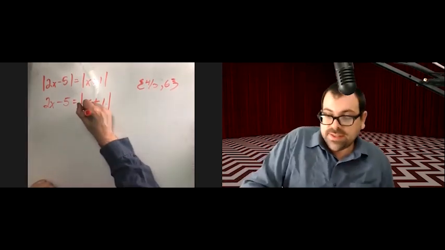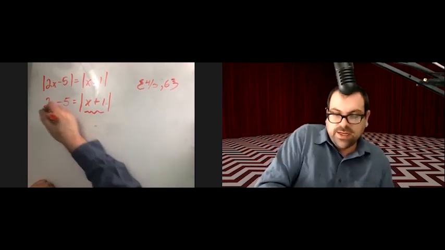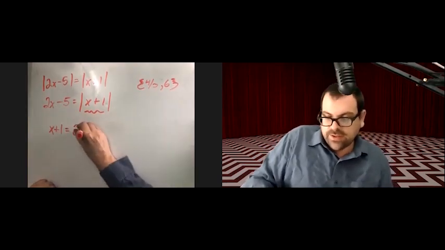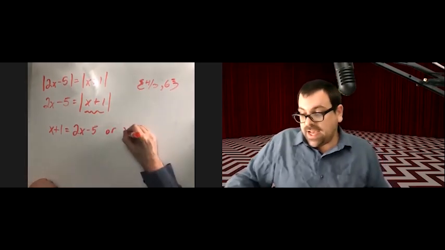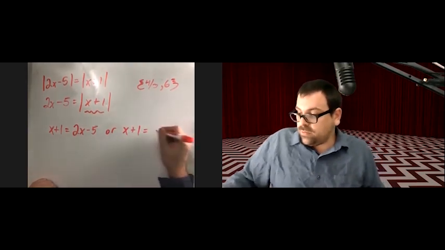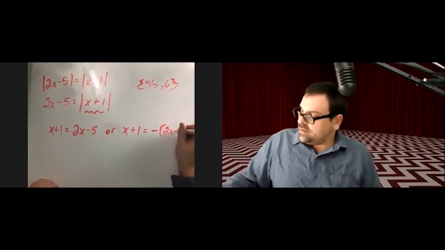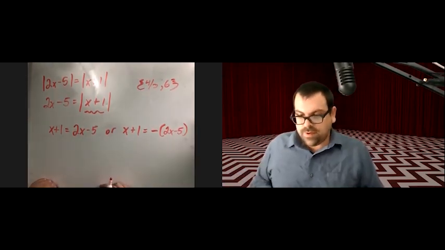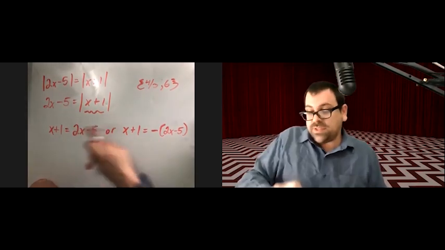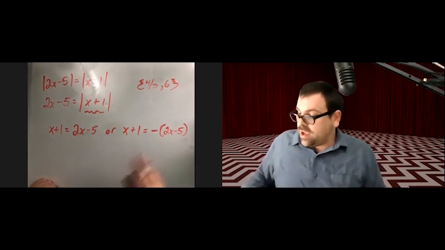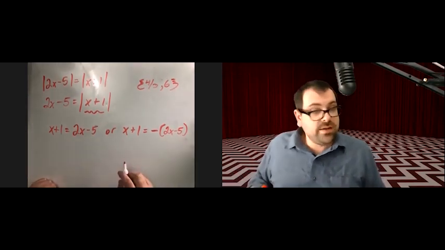Well, then the stuff inside x plus 1 is either equal to exactly what's on the other side, or the stuff inside x plus 1 equals the opposite of the other side. The stuff inside equals the positive. The stuff inside equals the negative. And notice, again, I'm writing the opposite of the whole side.